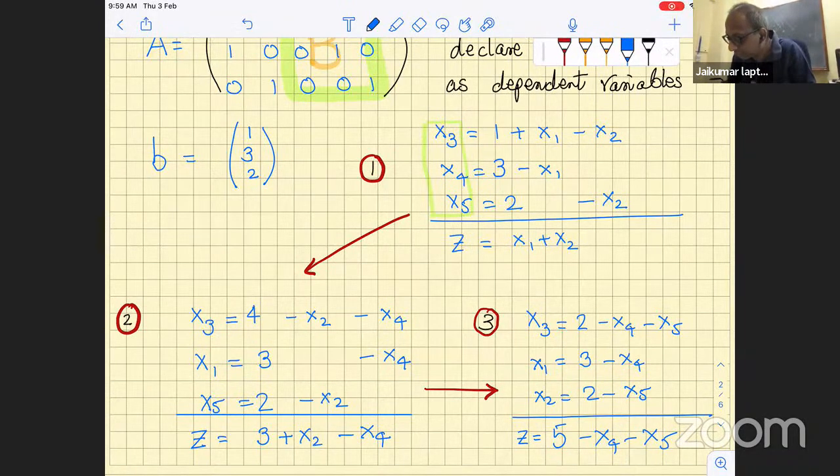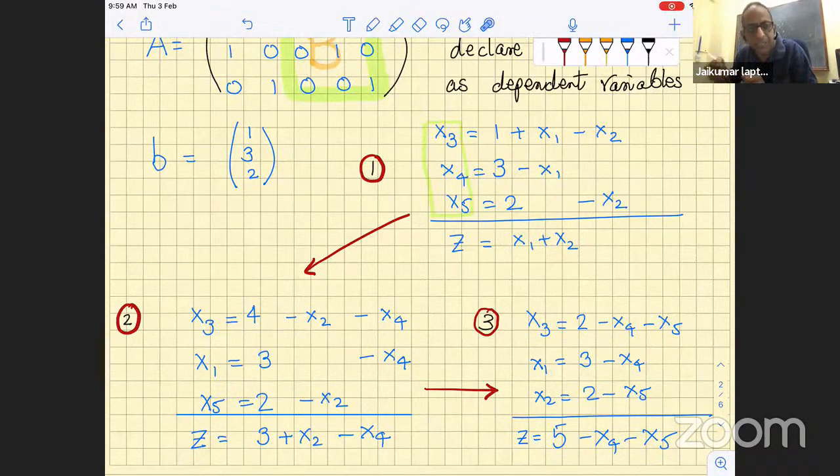But I have carefully written the objective function in terms of the independent variables. And this seems to say that if you are trying to maximize, it will benefit you if you increase either X1 or X2.